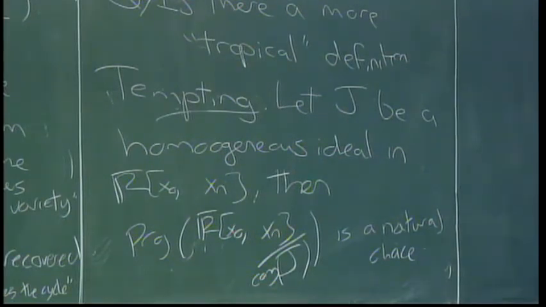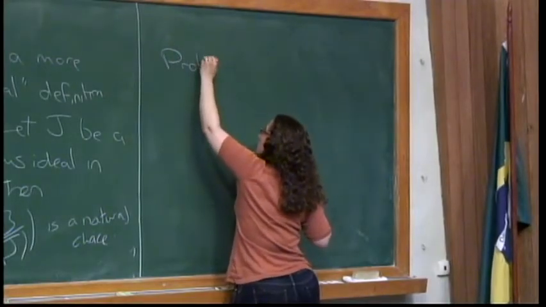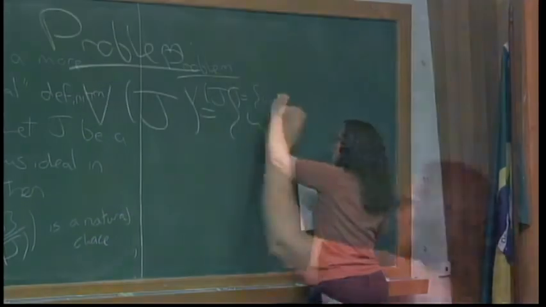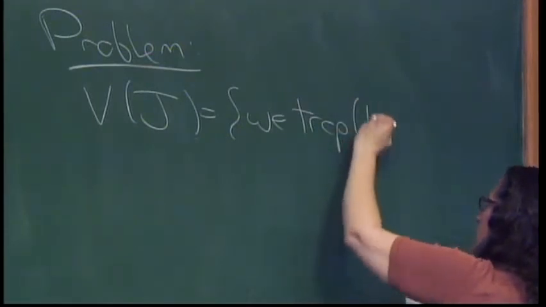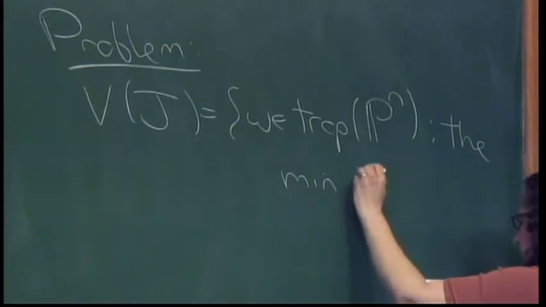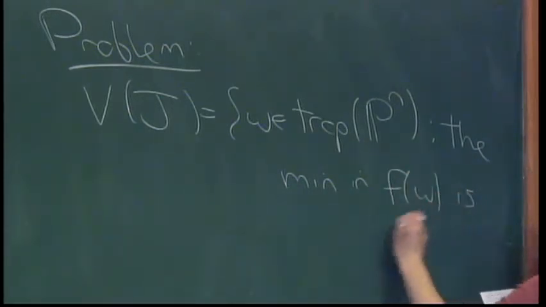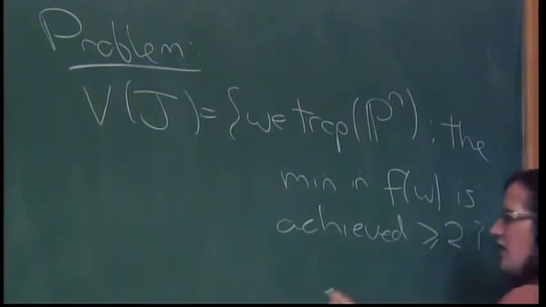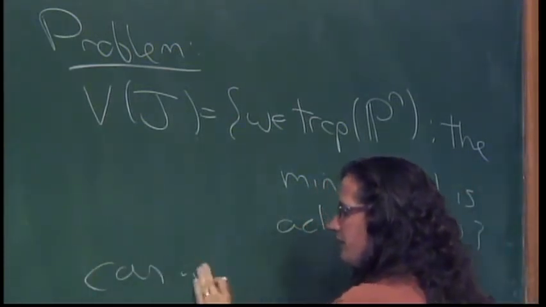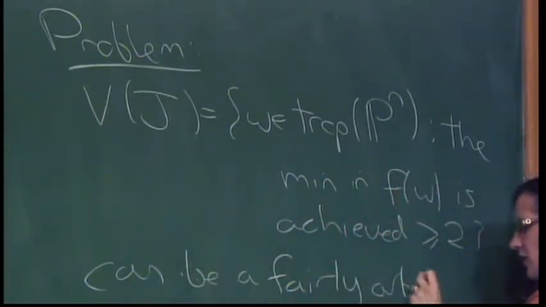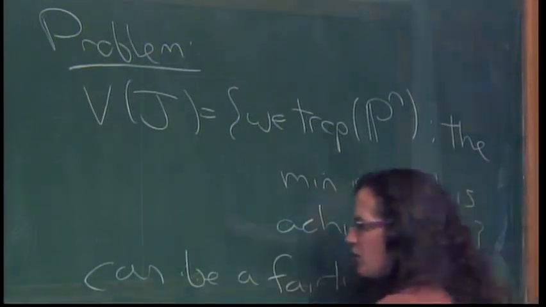So the problem is that V of J, which is just the set of w in trop Pn such that the minimum in F of w is achieved at least twice, can be a fairly arbitrary union of convex sets.